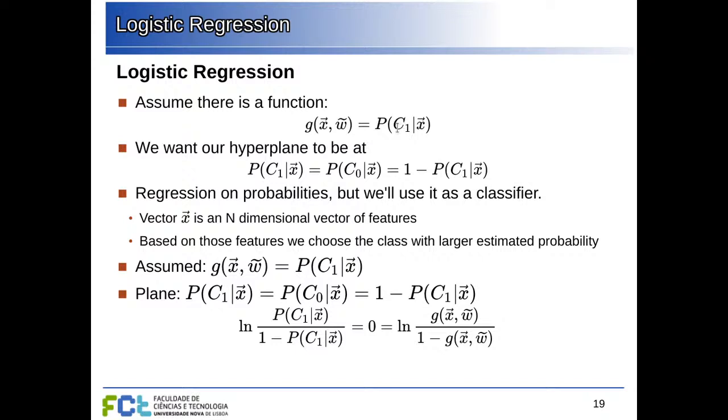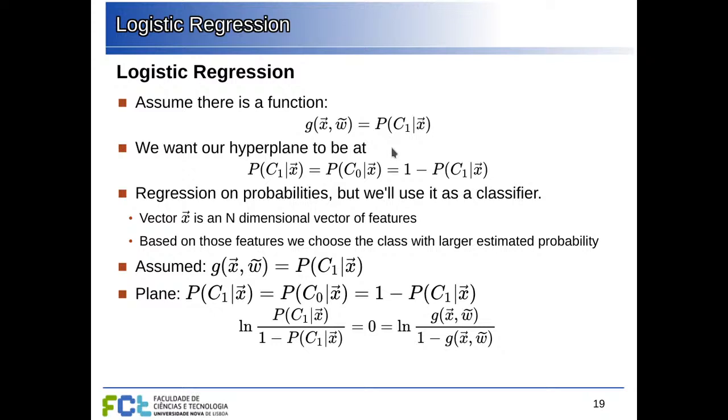So this is the conditional probability of being in class 1 if it has these features x. Now let's assume we don't know what this function is, but somewhere in the abstract space there is this function for our particular data.